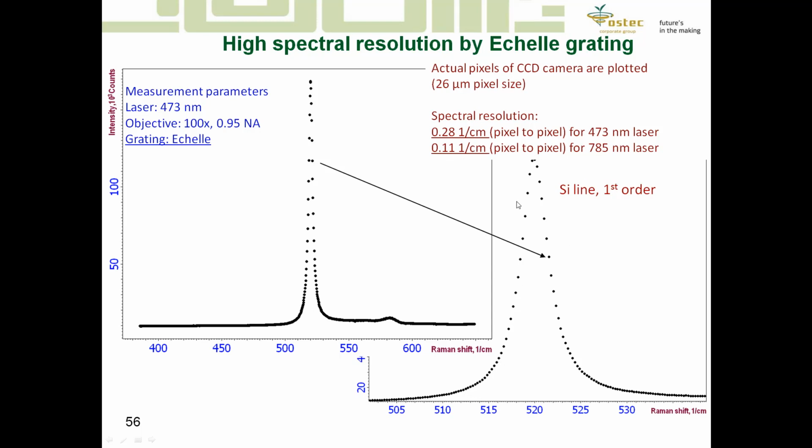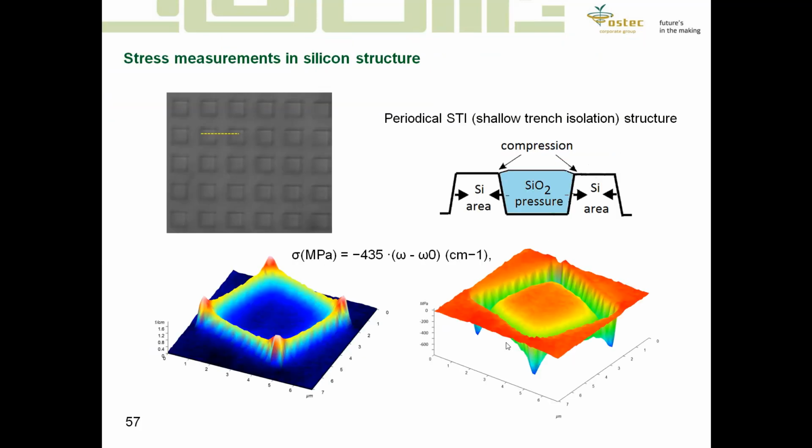Of course, if you apply some fitting, we can get a precision of peak position even about 10 times better. And it is a very important parameter, for example for semiconductor applications, where peak position is directly proportional to the stress in the material.